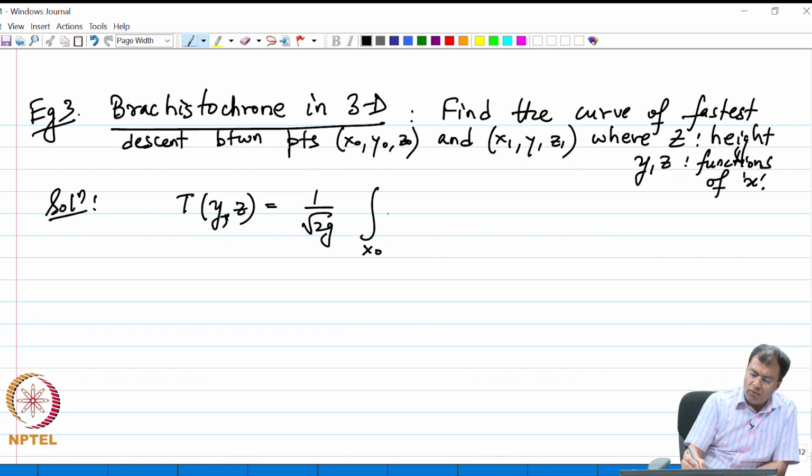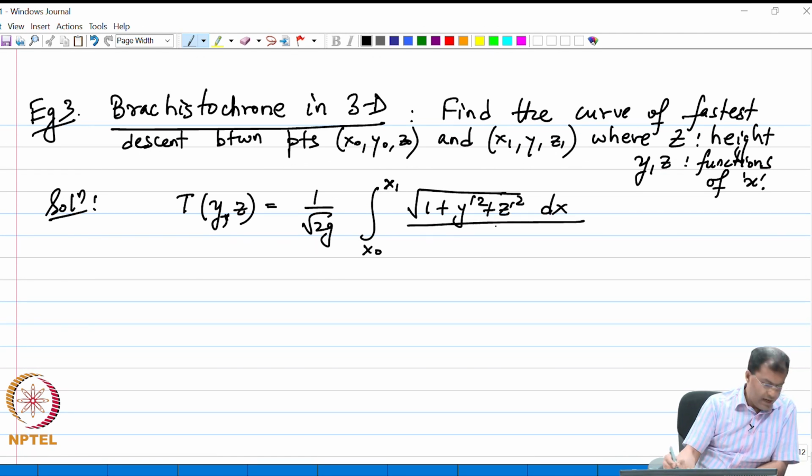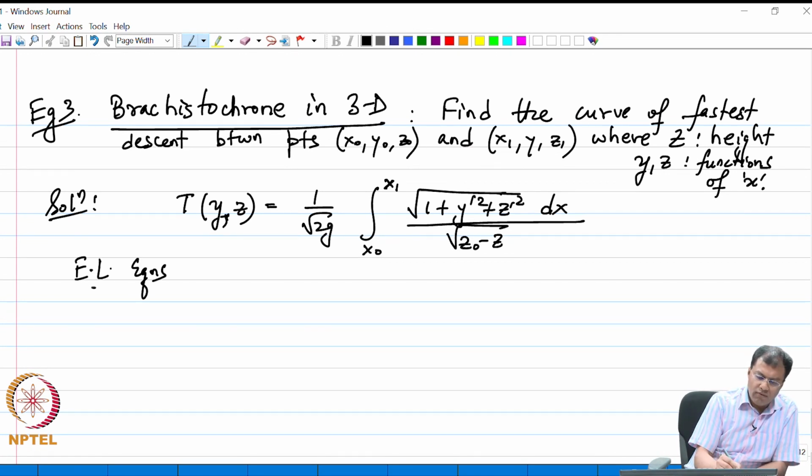Again, using the same argument that we did for the brachistochrone in 2D, we get that this is equal to the integral of the arc length, square root of 1 plus y prime square plus z prime square, dx, divided by square root of z naught minus z, right. Of course, now we have two dependent variables, and both are dependent on x. So, we are going to have two Euler Lagrange equations, one for y and one for z.